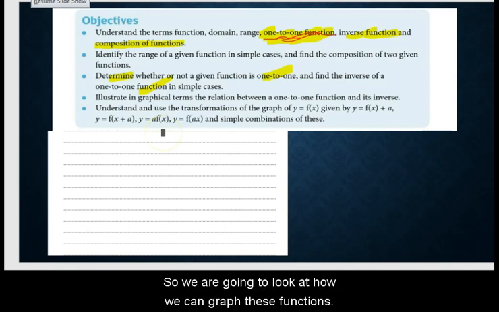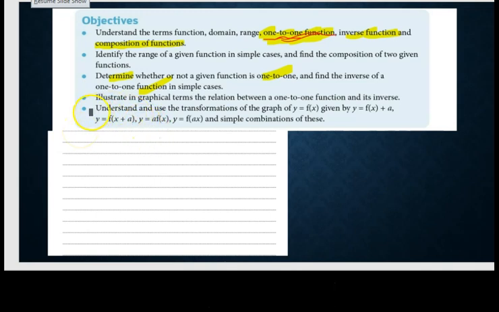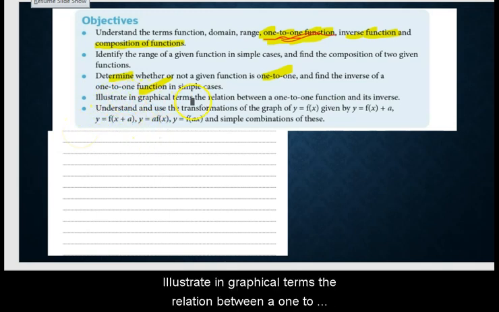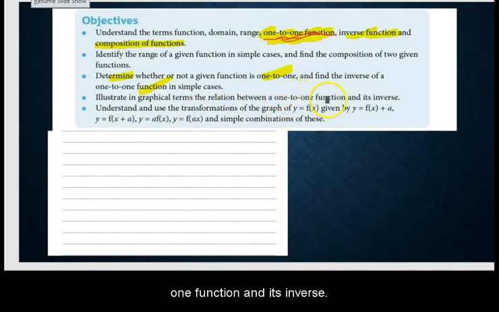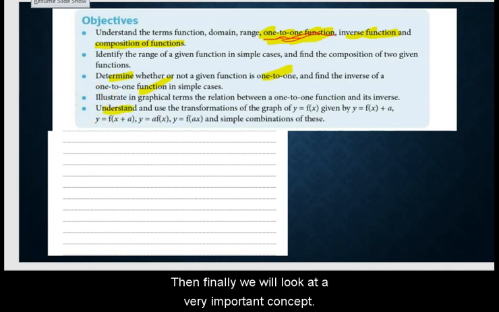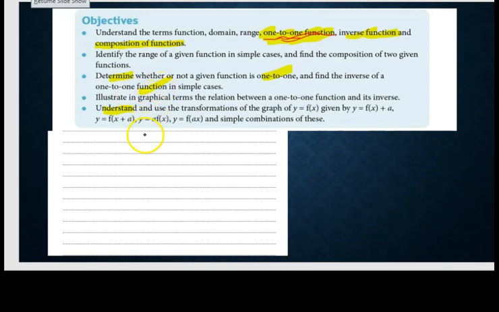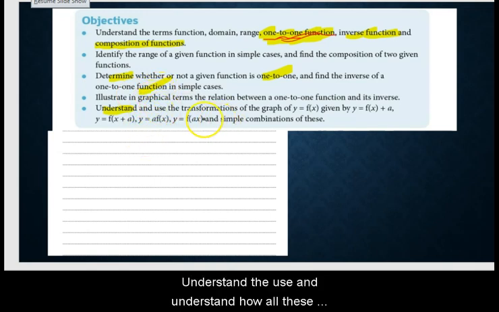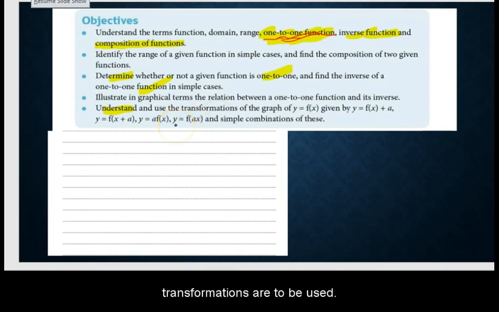So we are going to look at how we can graph these functions and illustrate in graphical terms the relation between a one-to-one function and its inverse. Then finally, we will look at a very important concept.